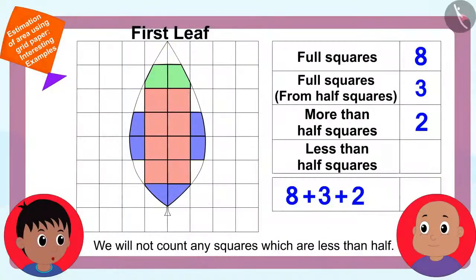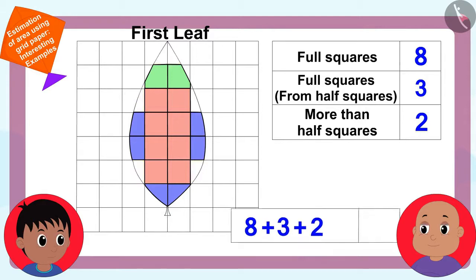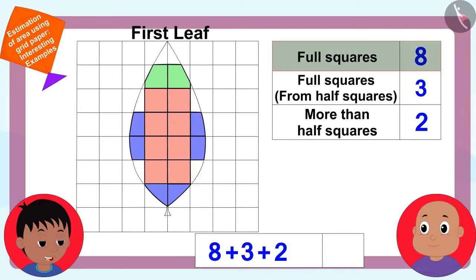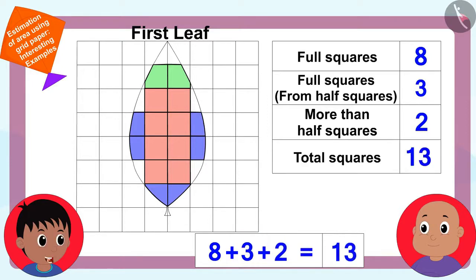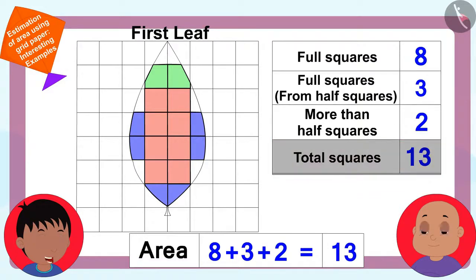We will not count any squares which are less than half. Now look, Bablu. The area of the first leaf has a total of 8 add 3 plus 2 or 13 squares.